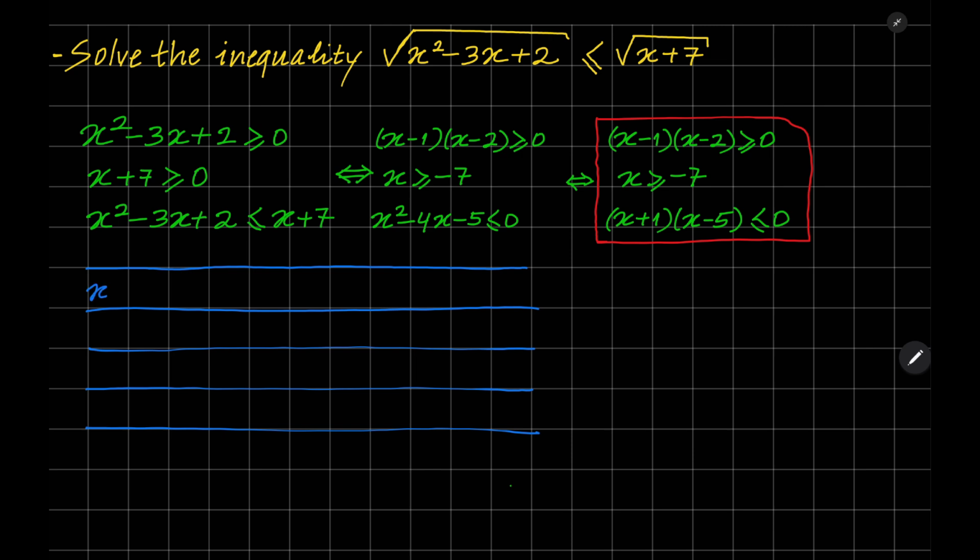Say this is x minus 1 times x minus 2, and the second one is x, the third one is x plus 1 times x minus 5.